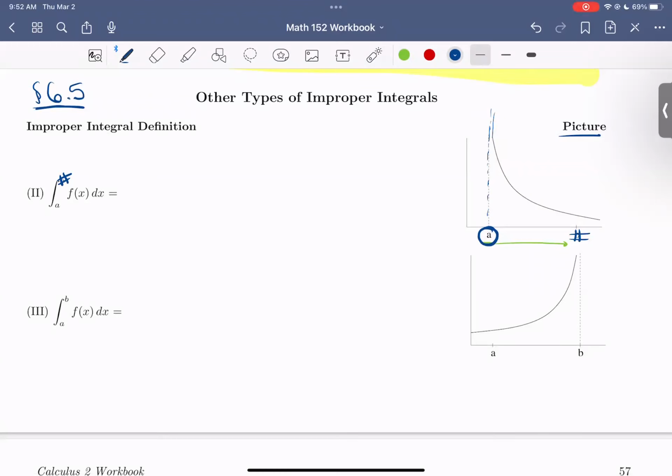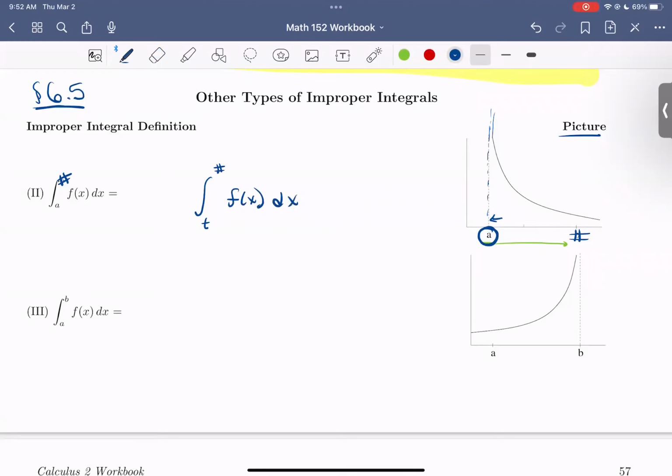So B is fine, and we'd put that number in the upper bound still. But what we need to do is make the lower bound approach A. So we're going to let T be that lower bound, and then we're going to take the limit as T goes to A. This would look like the integral from T to hashtag of f of x dx.